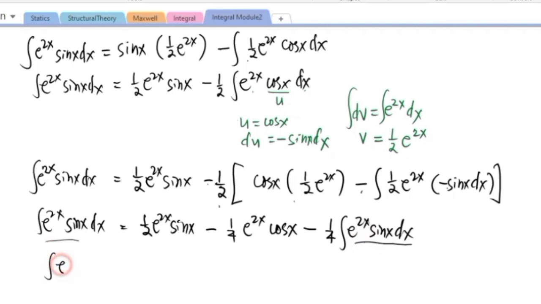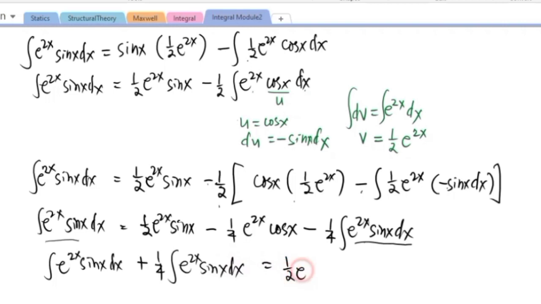So we have the integral of e to the 2x sine x dx plus 1/4 integral of e to the 2x sine x dx is equal to 1/2 e to the 2x sine x minus 1/4 e to the 2x cosine x. So since wala tayong integral sa right side ng equation, maglalagay na tayo dito ng plus c.